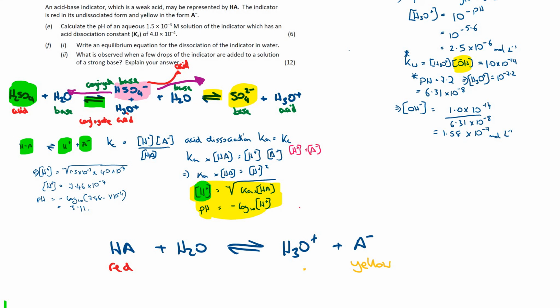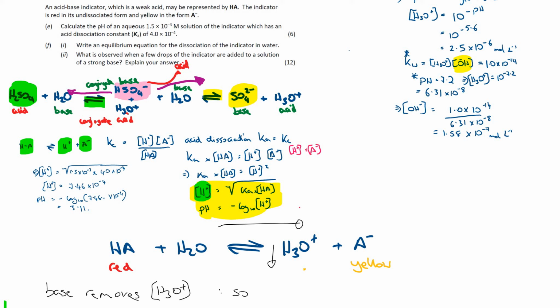Now, what's observed when a few drops of the indicator are added to a solution of a strong base? Well, the base will automatically remove H3O plus. So if we think of our acid equilibrium, the base will remove this, so the concentration of H3O plus decreases, and the equilibrium will re-establish to make more of that. If the equilibrium re-establishes to make more of A minus, then the color will go yellow.